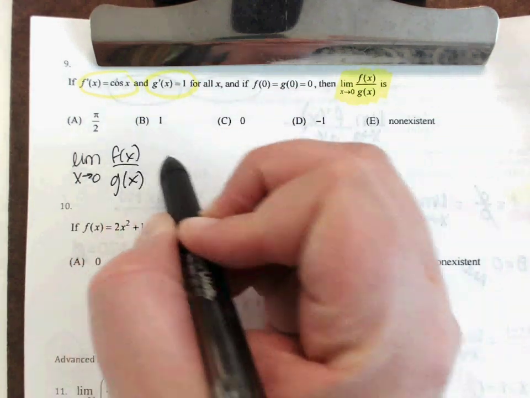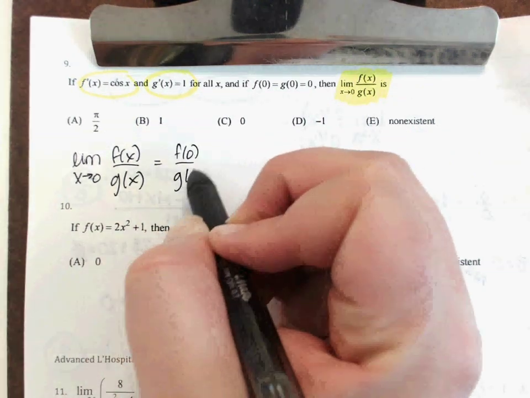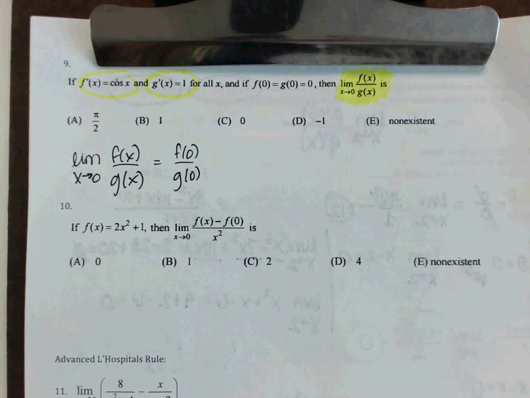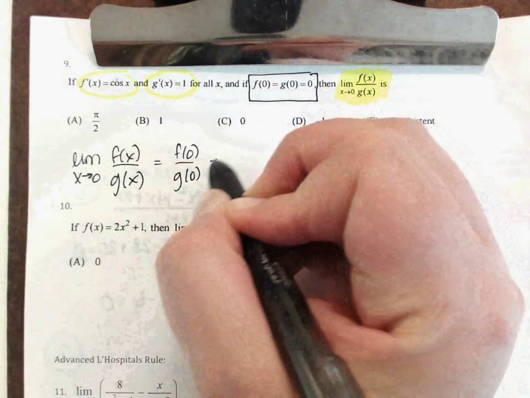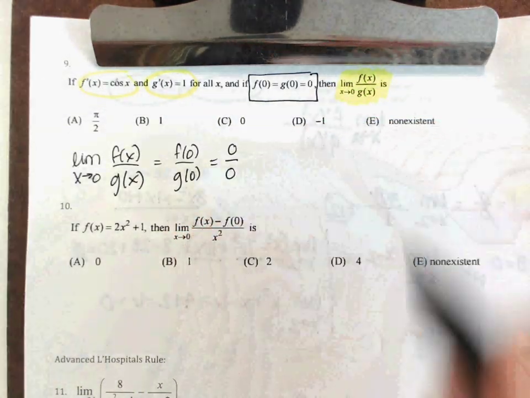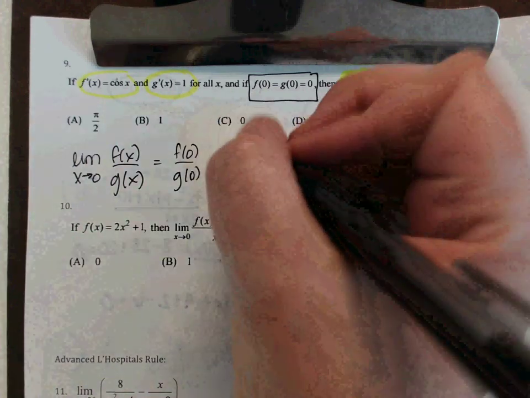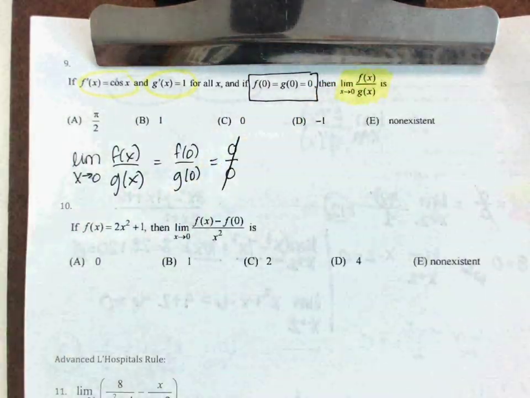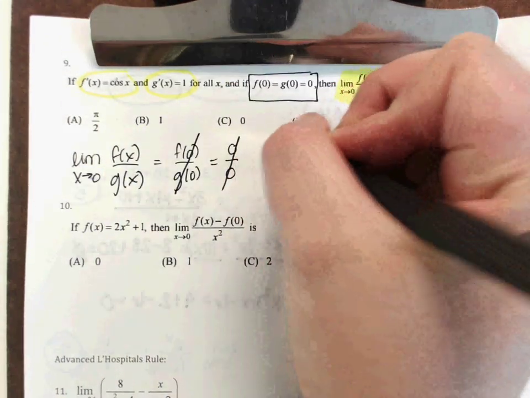On top, I get f of 0. On bottom, I get g of 0. But then what? Look right here. What does it tell me f of 0 and g of 0 are? 0. They're both 0, so I'm like, uh-oh, 0 over 0. If this is free response, I lose all my points if I leave it. Technically it's multiple choice, but to practice, we're going to mark it out. Can't have 0 over 0. Not allowed. We're going to do L'Hopital's rule.